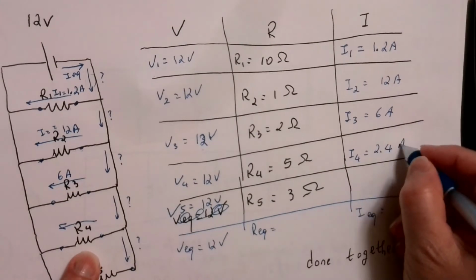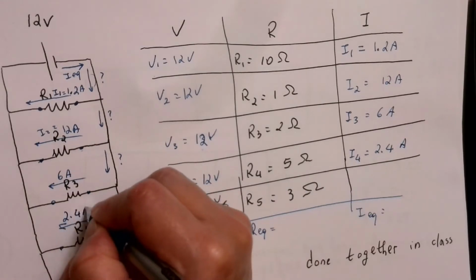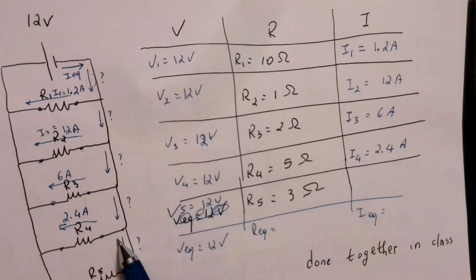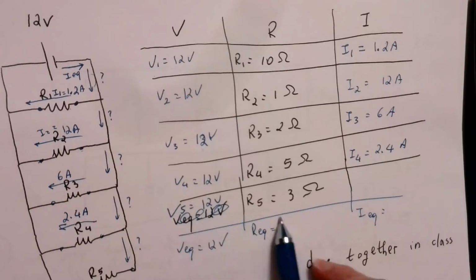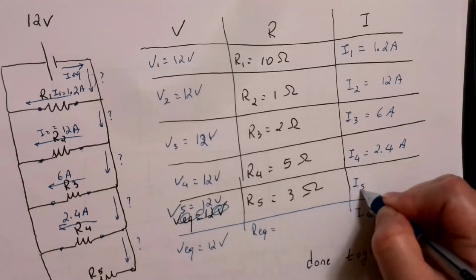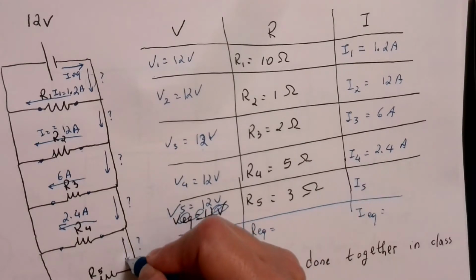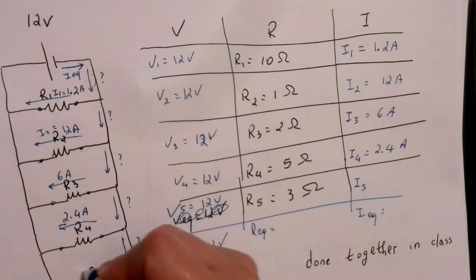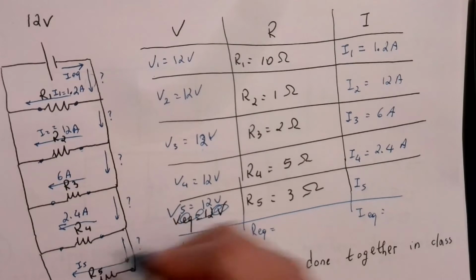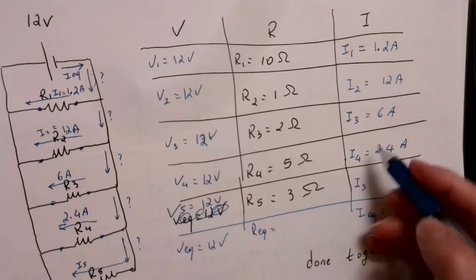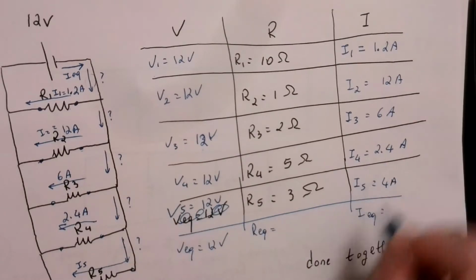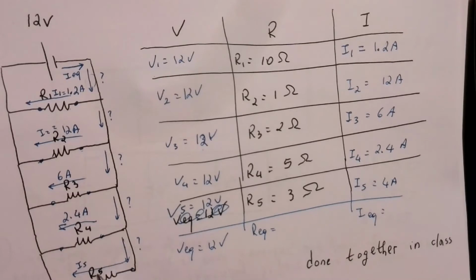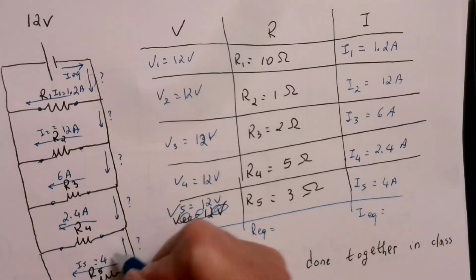So this is 2.4 amps. And then the fifth one is 12 divided by 3. But this one doesn't branch. This keeps on going across. So I5 is the same throughout. So I5 is 12 divided by 3, so this is 4 amps. So this value I know.